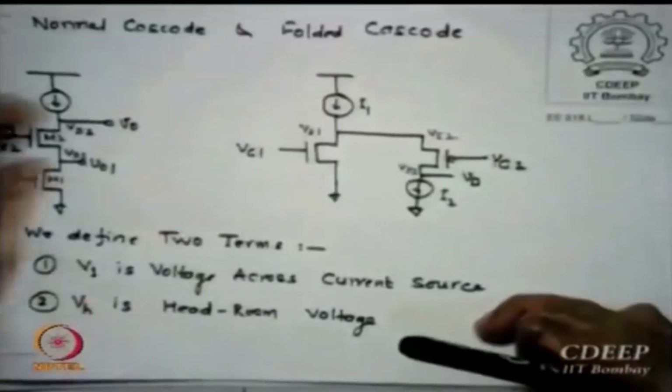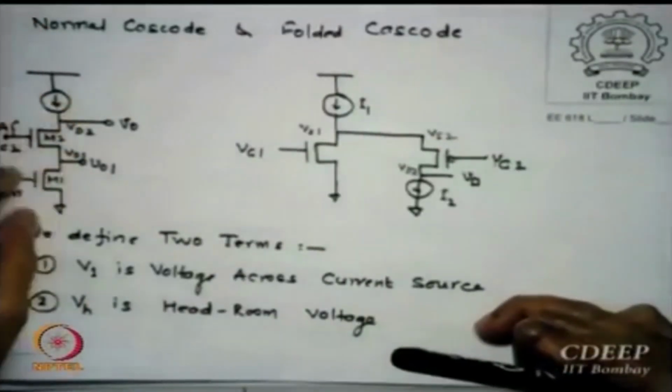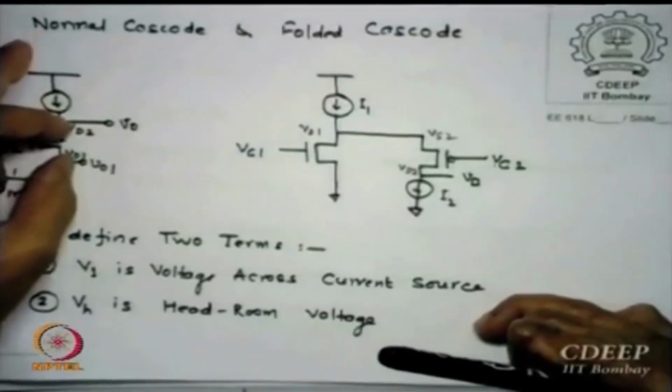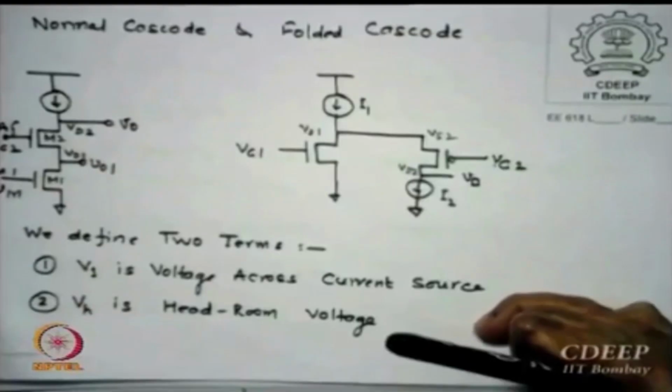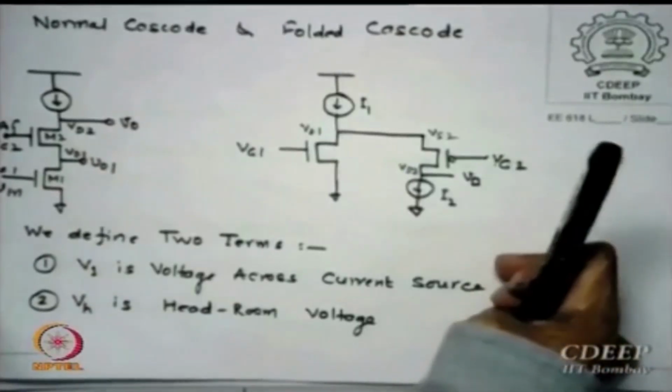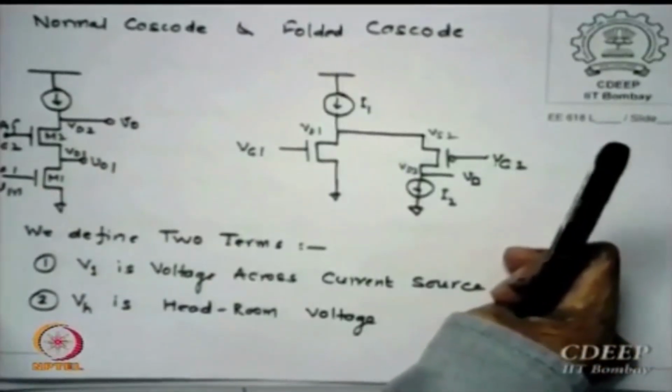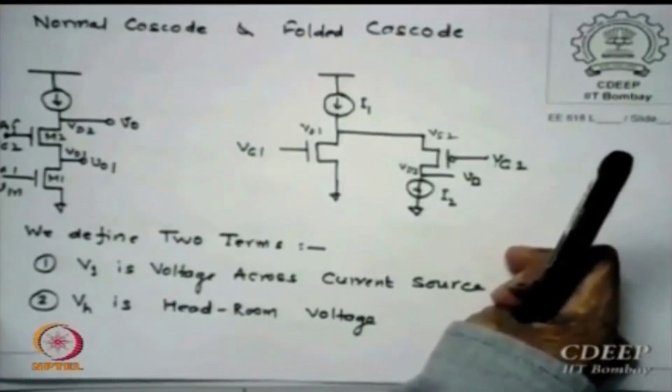Normally, either find VD2 as this plus VDS of this, but VDS can be derived from the VGS side also. Is that clear to you? I repeat, VGS minus VT is VDS saturation. So I can go this way or I can go through the gate and still arrive at the same equivalent values.